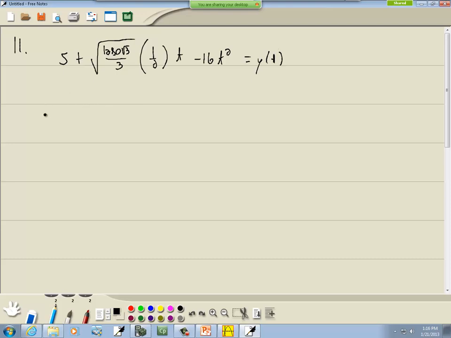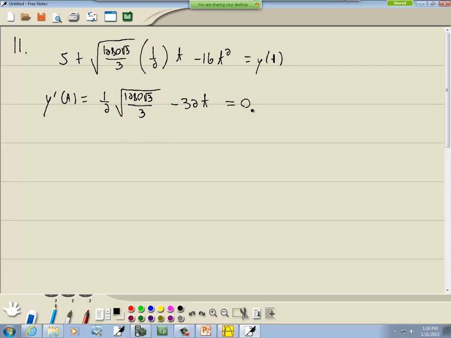Okay, so let's take the derivative. Well, t drops away, we're just left with this, and the 5 drops away, of course. So we're going to have 1/2 square root of 1280 square root of 3 over 3 minus 32t. Then we're going to set that equal to 0.